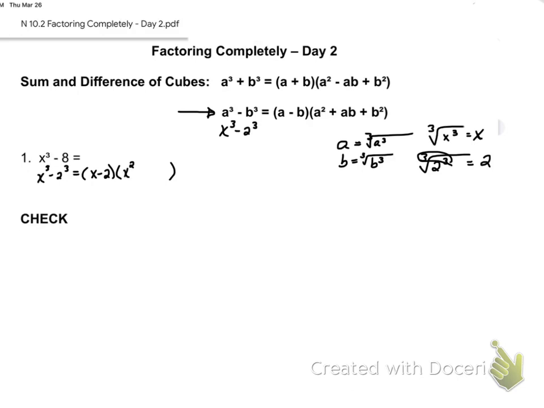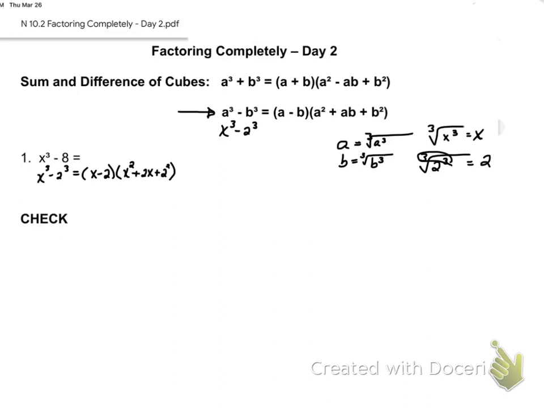It's the opposite sign of what's in your problem. And A times B is 2 times x, or 2x. And then this last sign in this trinomial is always a plus, and that's B squared, which is 2 squared.